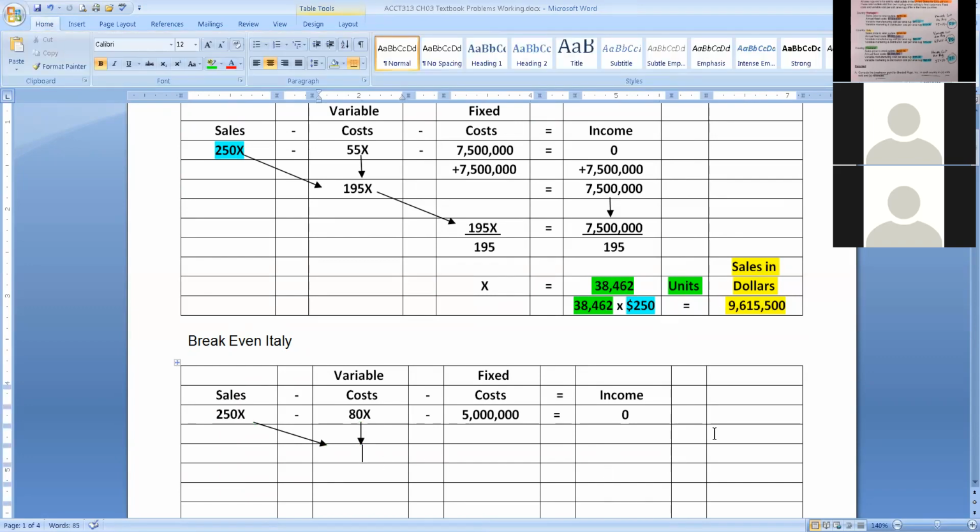Okay, 250 minus 80. We want to get all the dollars on one side, so we're going to add 5 million to each side.